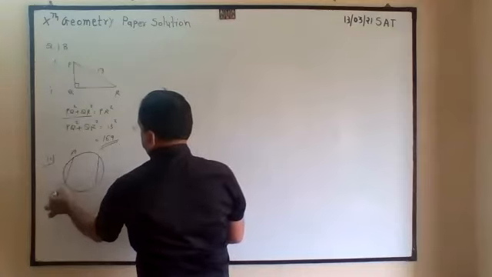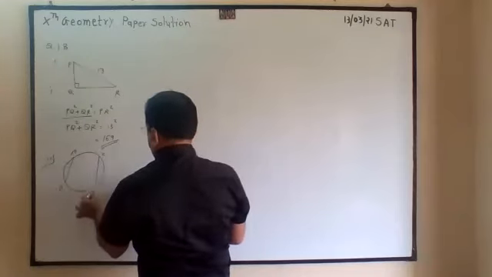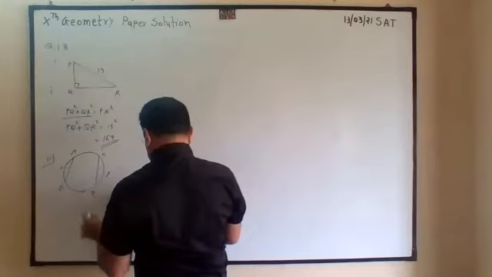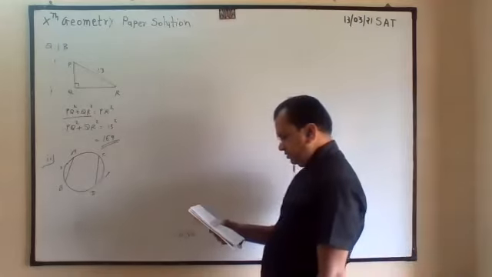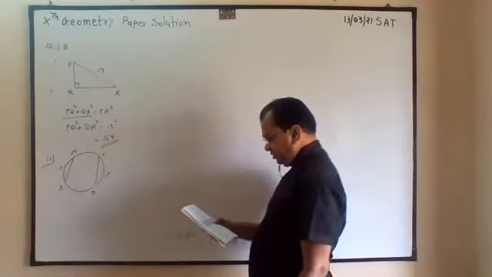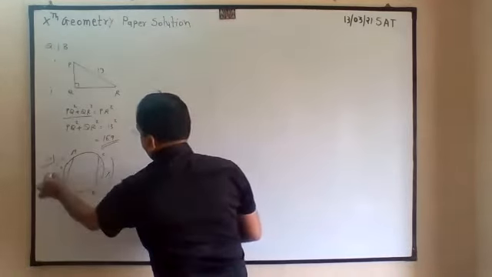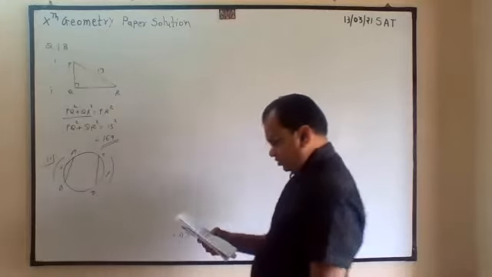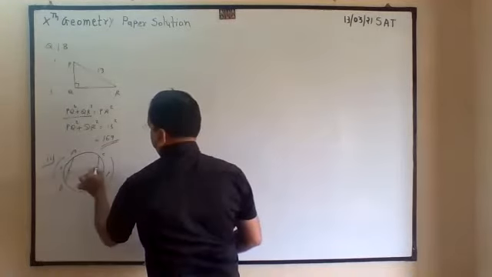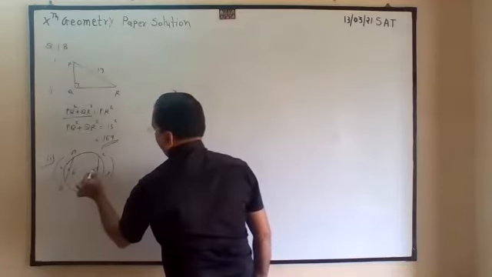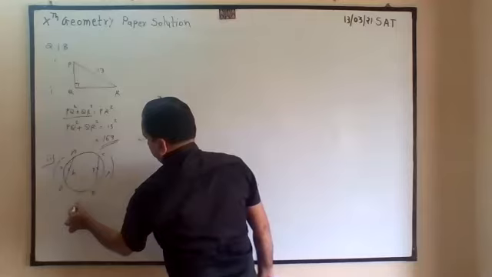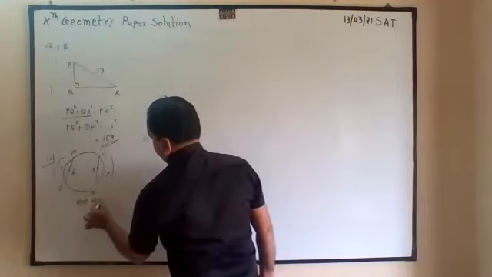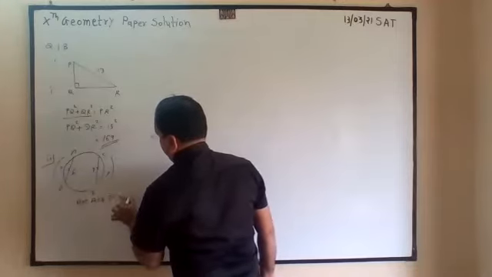AB, CD, X, Y. These are congruent, they have given. And one is given 6. What is the other? Check it. That is also equal. So arc AXB congruent to arc CYD is given.